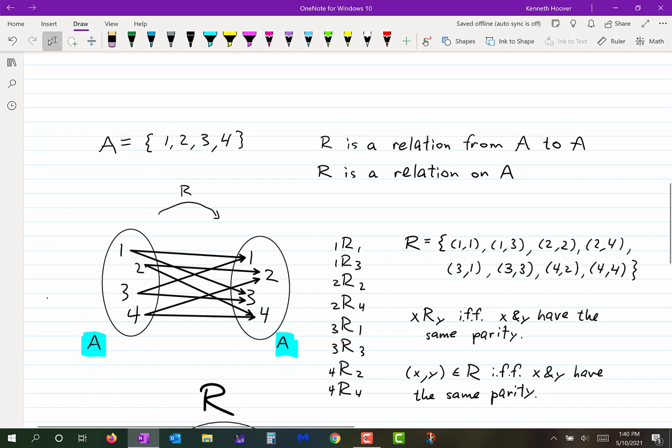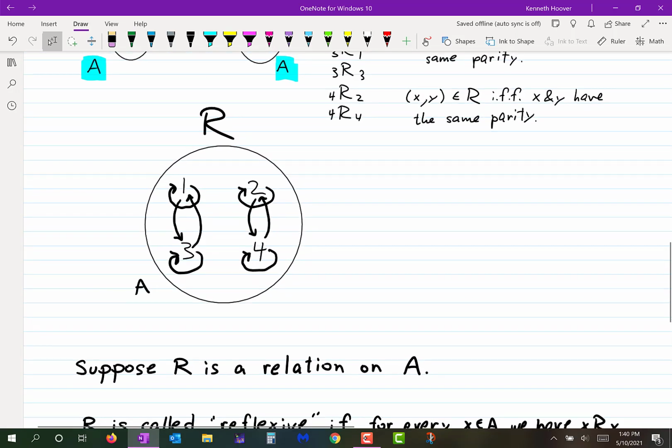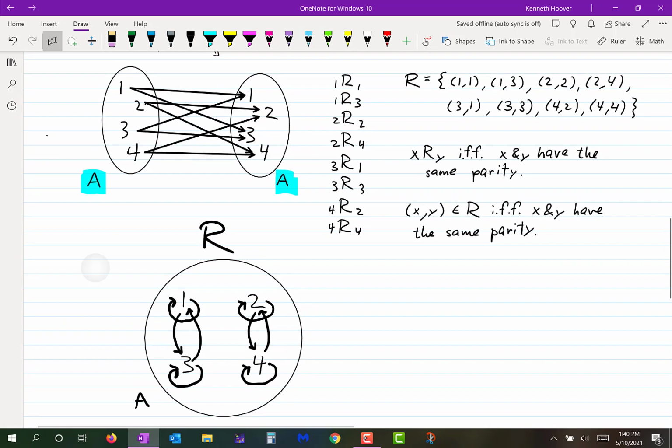Okay, let's look at the second example here. Is this one reflexive? The easiest way to tell is probably here. I want you to notice a few things.